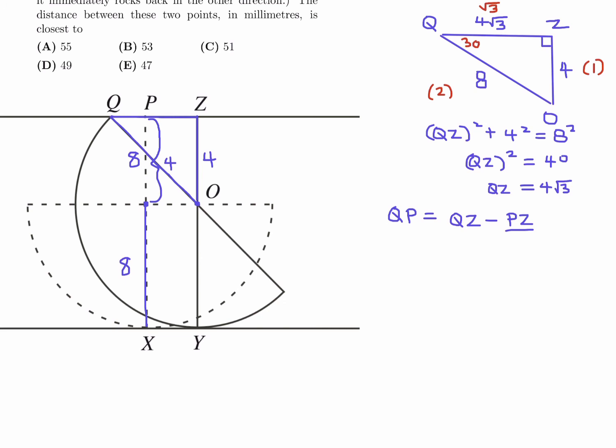This is 30 degrees, and this is 60 degrees, and that we already know was a right angle. Now, how does that help us? That helps us, hopefully, figure out PZ, since that is what we're trying to figure the distance of. But how does that help us?